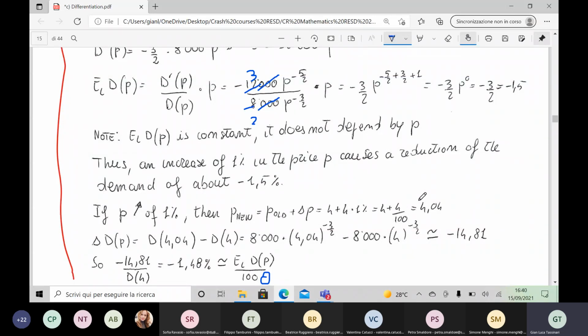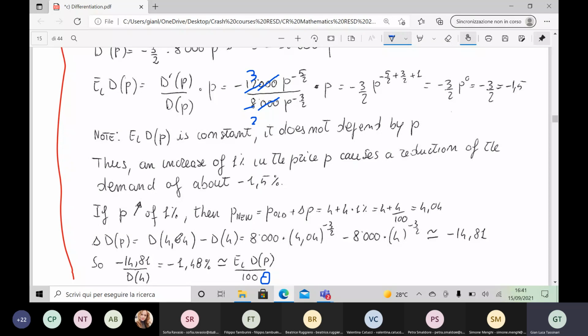So what do I want to get? I want to get the exact percentual change in the demanded quantity as the price increases by 1% starting from 4. That is, what does happen as the price goes from 4 to 4.04? Well, in this case, which is the exact change in the demanded quantity?